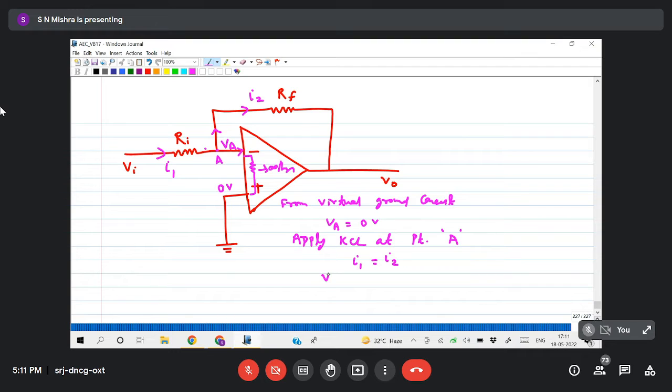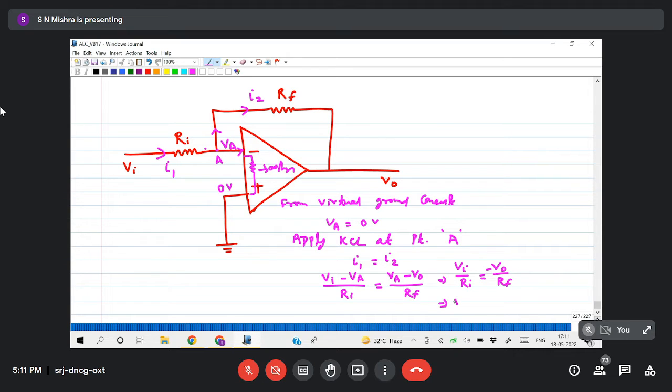So I1 is (Vi minus Va) divided by Ri, which equals I2, that is (Va minus V0) by Rf. What is Va? That is 0. So that implies Vi by Ri equals minus V0 by Rf.